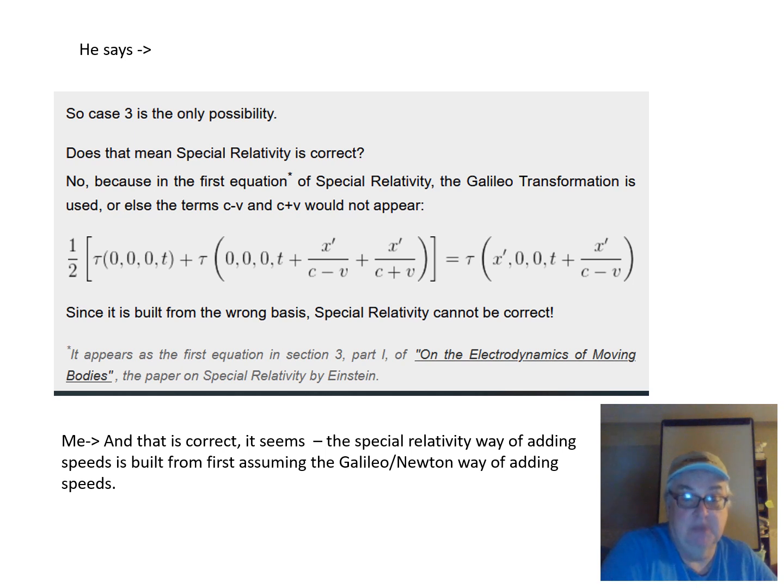He's saying c plus v, and that's a normal addition of speeds, i.e. Newtonian addition of speeds being used in that equation.